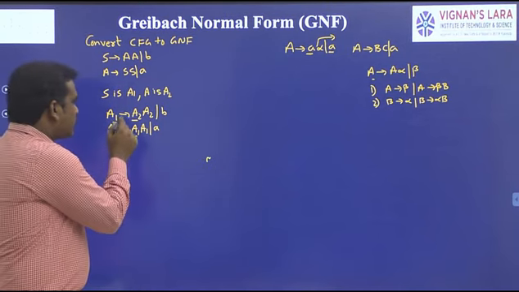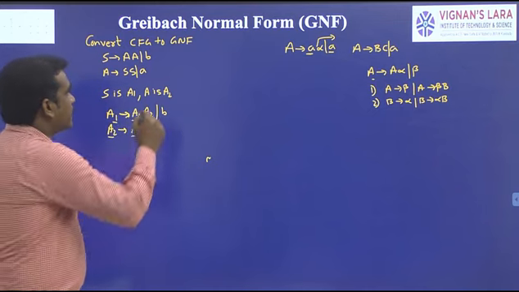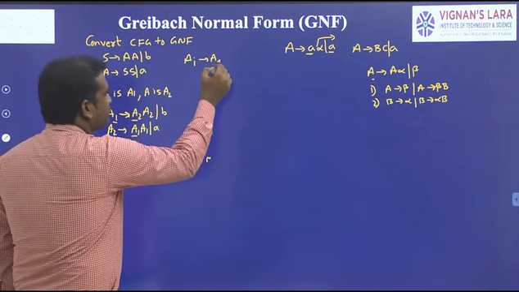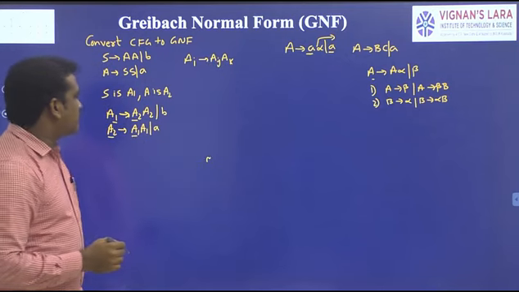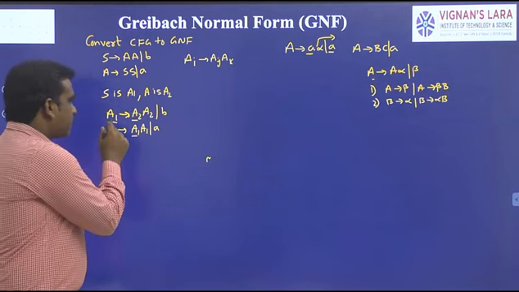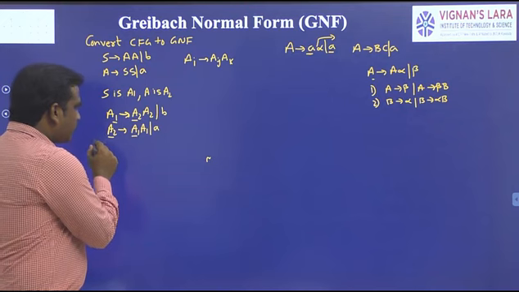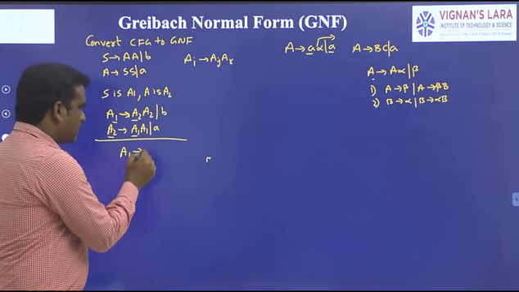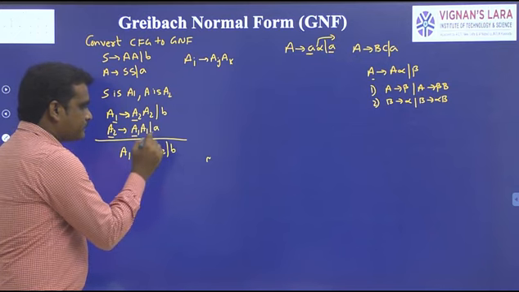Here the left hand side is Ai and the right side starts with Aj, followed by Ak. You have to check whether i is greater than j or not. In this case 1 is not greater than 2, so the condition fails. No need to perform any operation; simply write the production as it is: A1 goes to A2 A2 slash B.